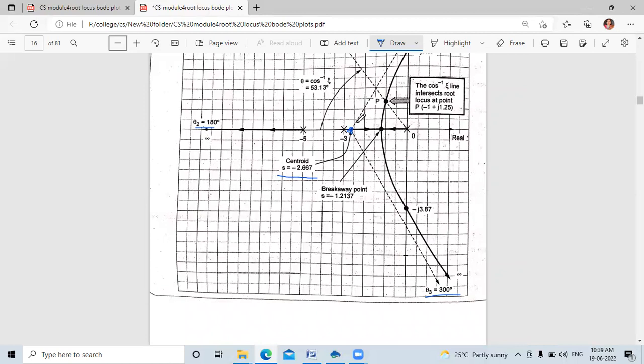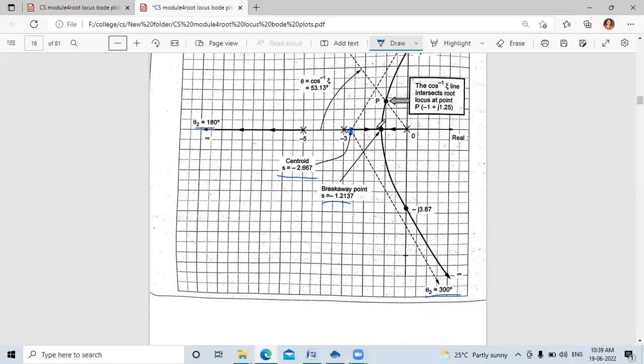And next, I said that in the beginning we found that the breakaway point will exist between minus 3 and 0. That is the value you can observe, the breakaway point. What we got, s equals minus 1.2137. And the p value, that is, the cos inverse of the zeta line, intersects the root locus at point p, minus 1 plus j 1.25.